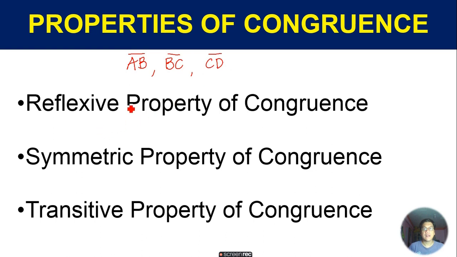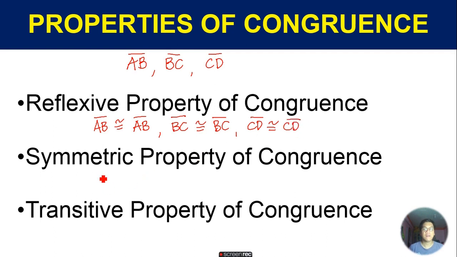Illustrating this by reflexive property of congruence, because it is reflexive, it is a reflection of its own. So therefore, it is congruent to itself. So line segment AB is congruent to line segment AB, or we can also represent this as BC is congruent to line segment BC and CD is congruent to line segment CD.